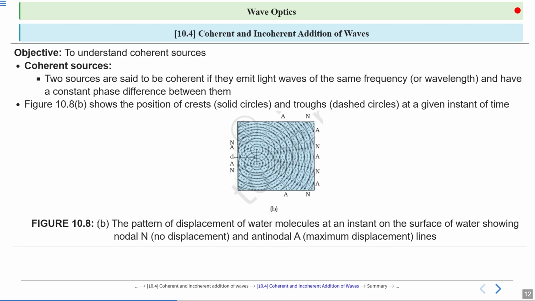It is a bit complicated diagram. Figure 10.8b shows the pattern of displacement of water molecules at an instant on the surface of water, showing nodal N and antinodal A.